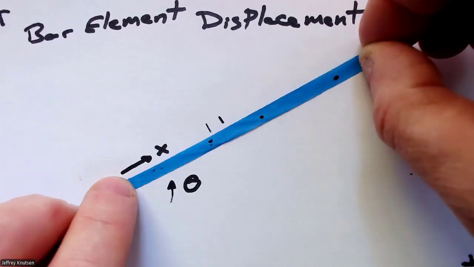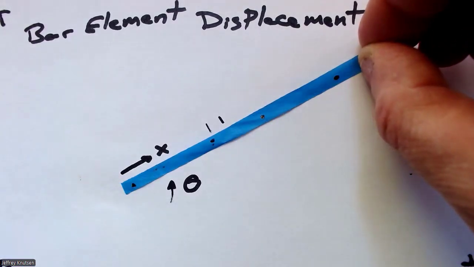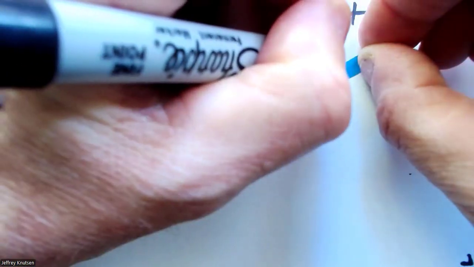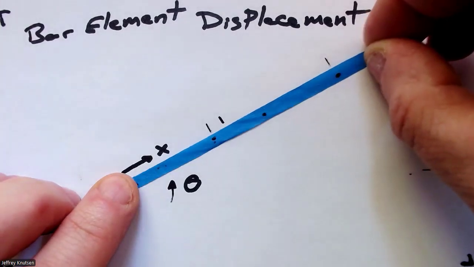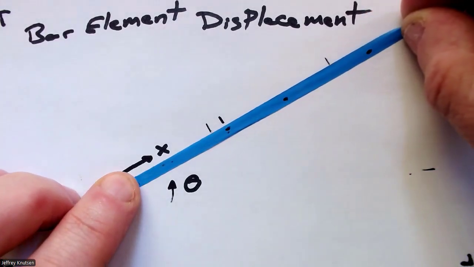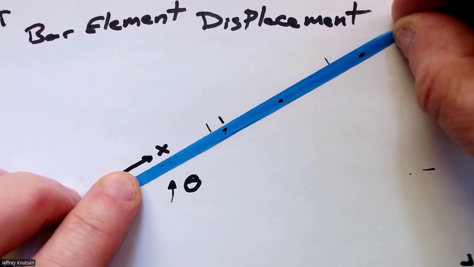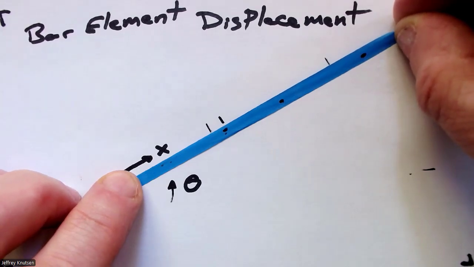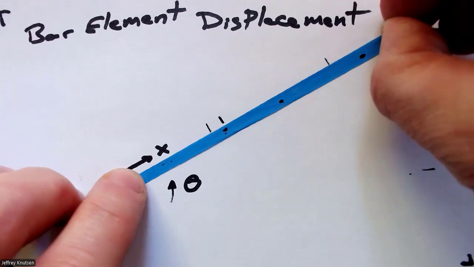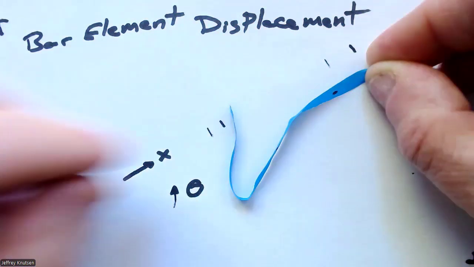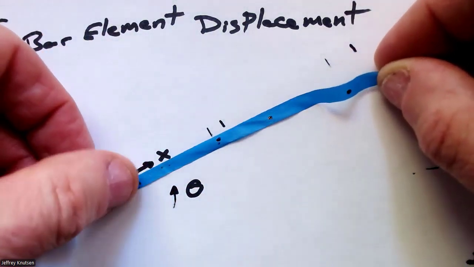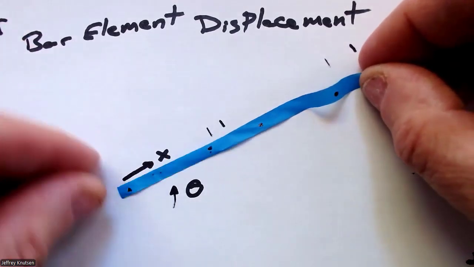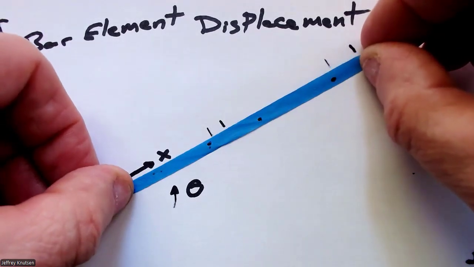Let's contrast that with the displacement at this location on the bar element. So there's the undeformed position of it. And then if I displace the bar element again by the same amount, take a look at where that dot was displaced. If I draw the approximate location of that displacement at that original location on my bar element, this is what represents the displacement function.